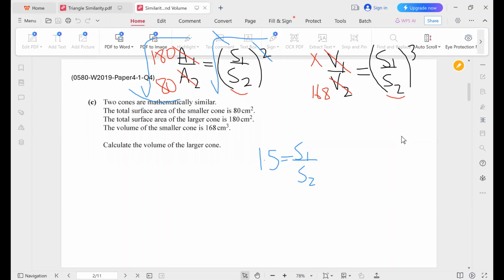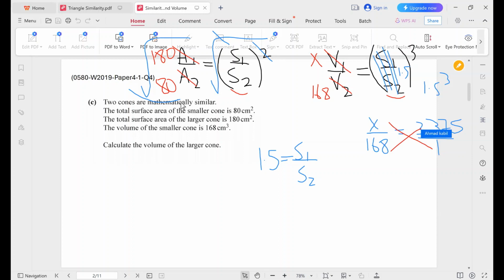And now we put in 1.5 here instead of the entire fraction. So we have 1.5 like this, to the power of 3, of course. So 1.5 to the power of 3. That gives us on the calculator again 3.375. So we have x over 168 equals 1.5 to the power of 3, which is 3.375 over 1, of course, in order to cross multiply.